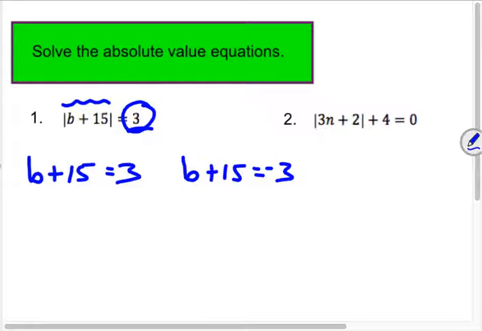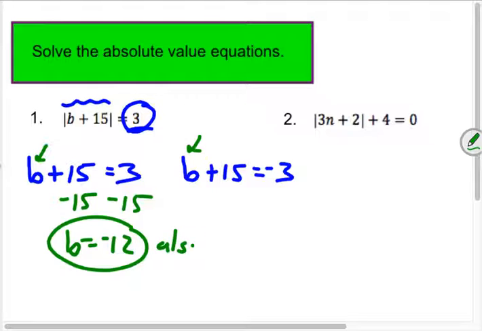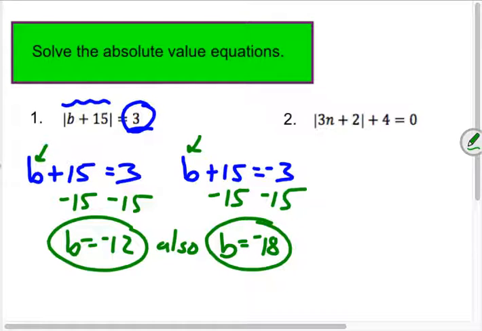And this is where you're going to get your two answers. Okay. Now we'll just solve for b in both cases. Subtracting 15, I get b equals negative 12. Also, subtracting 15 from both sides, I get b equals negative 18. And those are your two answers.